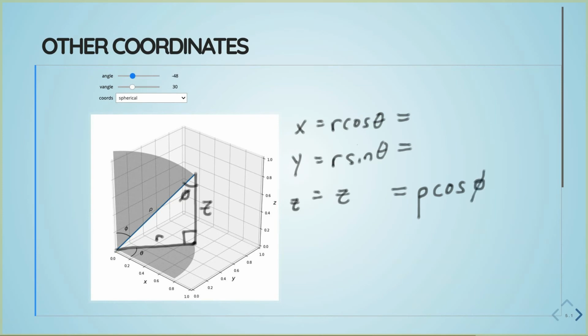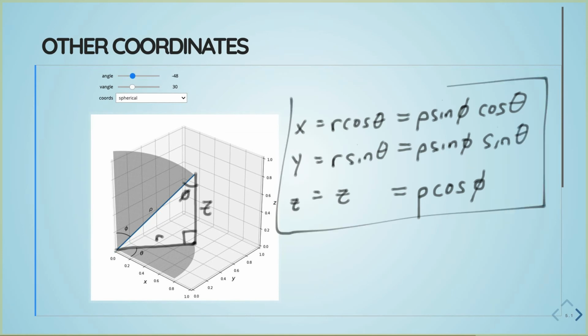And if we remember that, then it's clear that r here is rho sine phi. So we're just going to get rho sine phi, and then cos theta to get x, and rho sine phi, and then sine theta to get y. So there's our translation between our three coordinate systems, and I think it's easier to see it if you do it in stages this way.